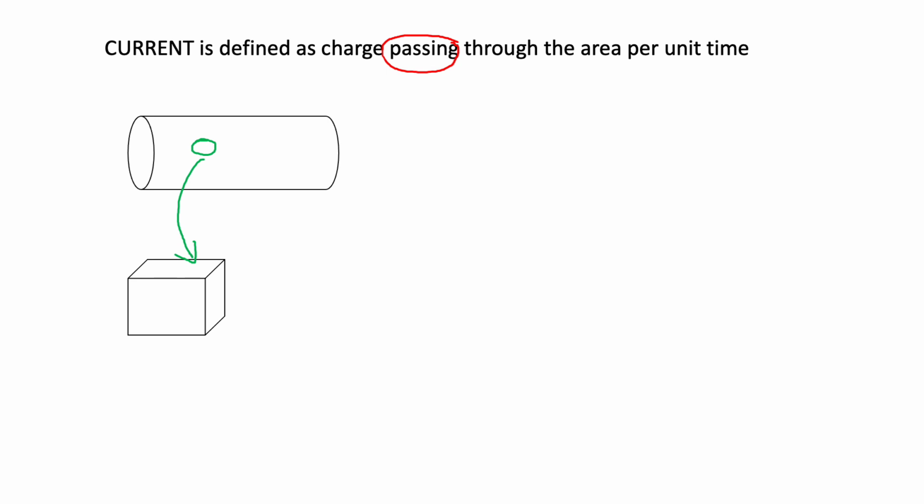Now we want to make our sample move, because current is charge passing through the area per unit time. To make our sample move, we need to apply an E field to our structure, because the electric field introduces a force, and that force will cause our sample to move.